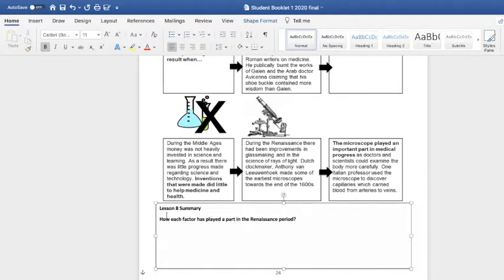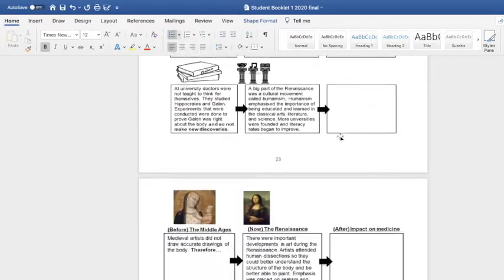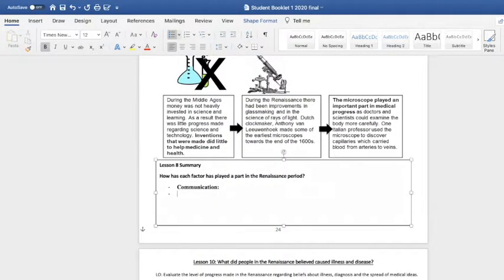So I want you in the summary box to think about how you can show that communication has improved. So think of an example from your information here, like the printing press. How have attitudes seeking improvement been evident?